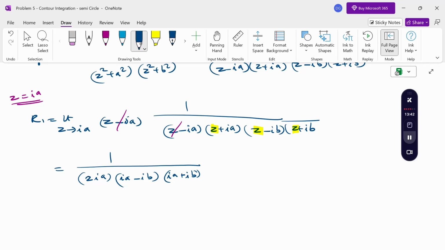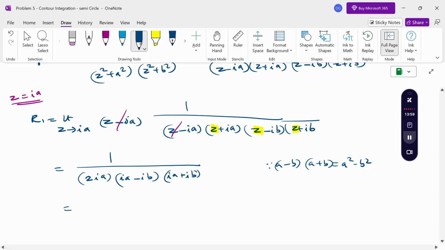So (a minus b)(a plus b) is a square minus b square.